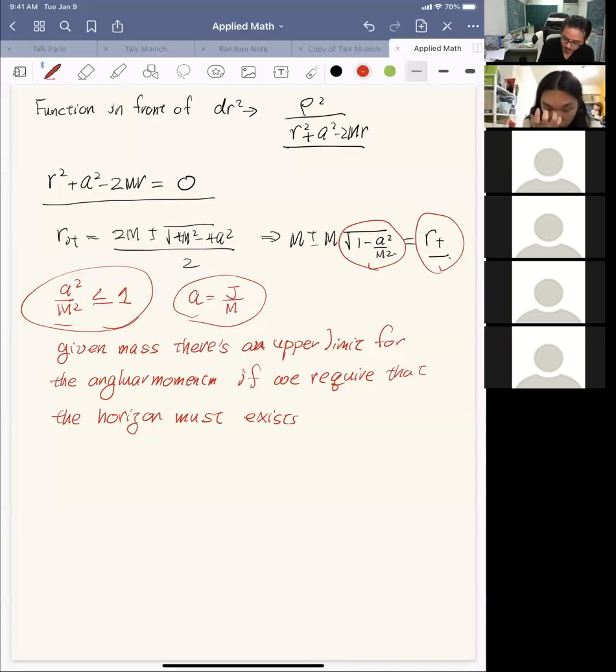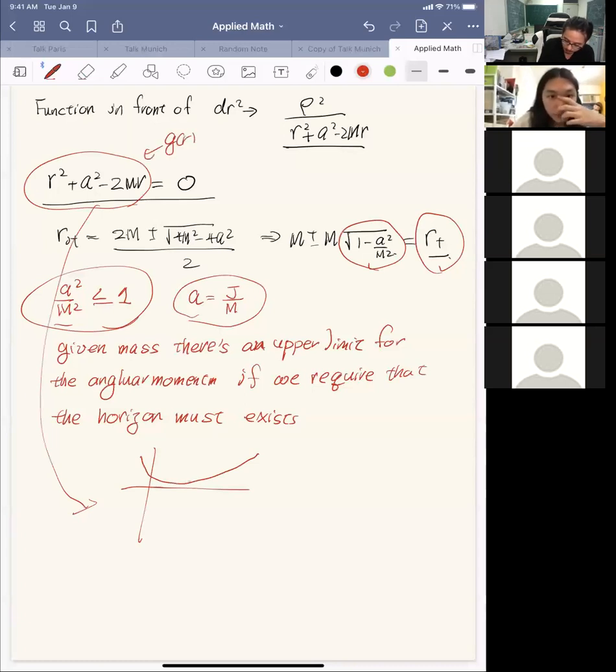Or to set it another way, if you plot this function, call it g of r, as a function of r, then if this becomes bigger than 1, it never has any zeros, and there's no horizon.